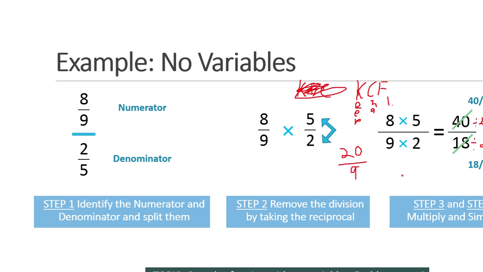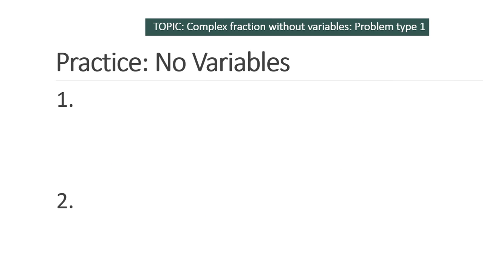So then 20/9 is your answer. That's how you're going to get this. So that's how you do dividing fractions with no variables.